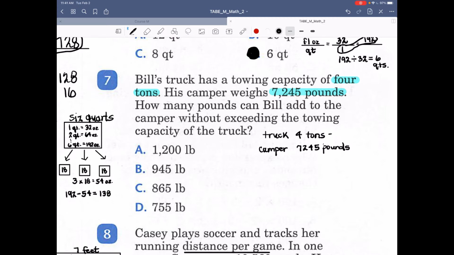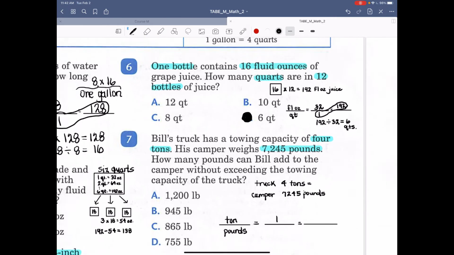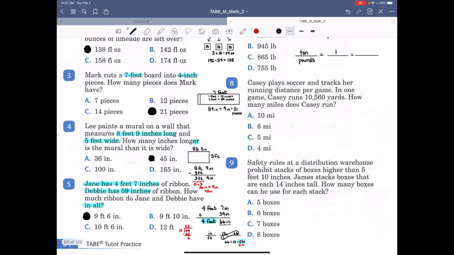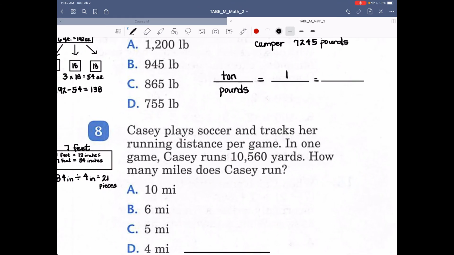So 4 tons, that equals, let me not do it there. Actually, I can put the equals, but let's do it down here. I'm going to convert my truck weight. And I like the proportion. I'm going to convert tons to pounds. And 1 ton, if you need to look back up here, that's fine. 1 ton is 2,000 pounds.